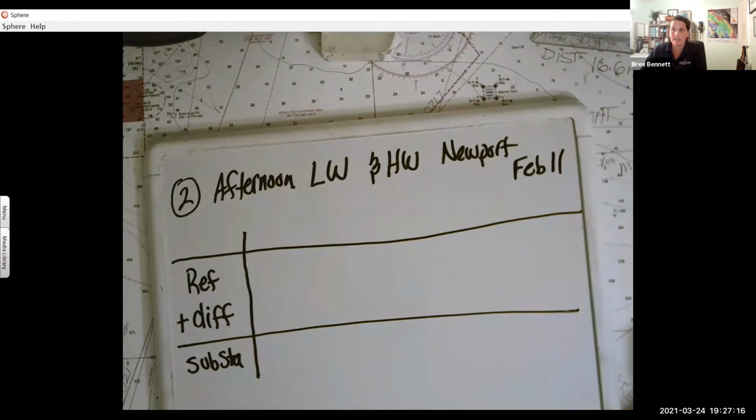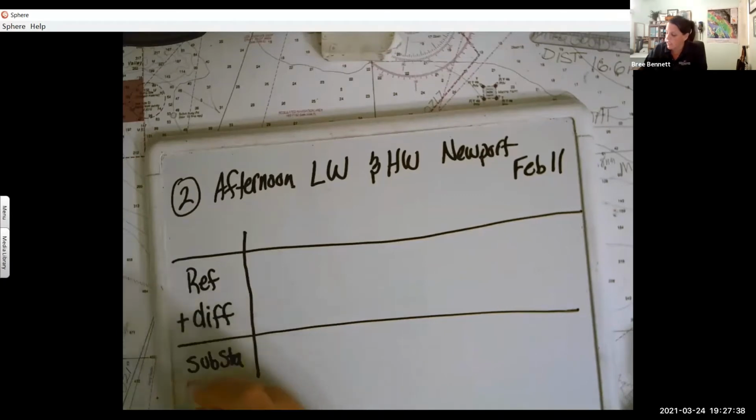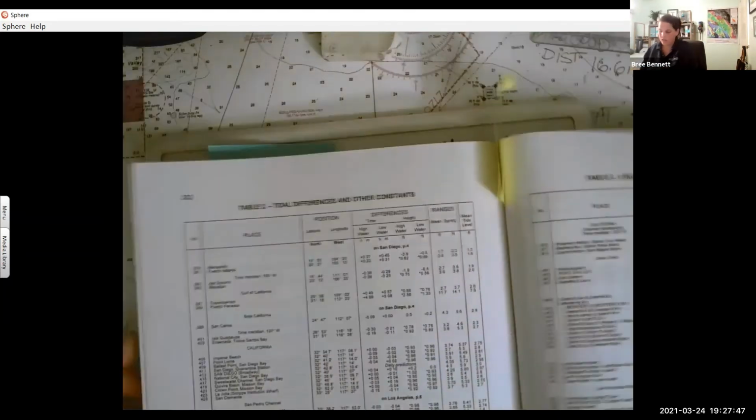Did we find it? Yep. Okay. So we're going to go back to that formula that I go to for reference plus the differences gives us our subordinate station. In this case, our subordinate station we're looking for is Newport. So I'm going to go to my Newport here.